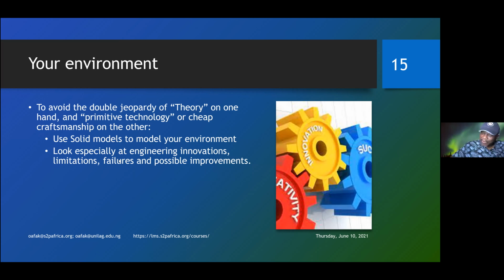The whole thing we are teaching you, all the courses, mechanics of solids, strength of materials, mechanics of fluids, mechanics of heat, thermodynamics, elasticity, plasticity, all the things you will be doing in later years are to give you the ability to quantitatively evaluate innovations, limitations, failures, and profile possible improvements.